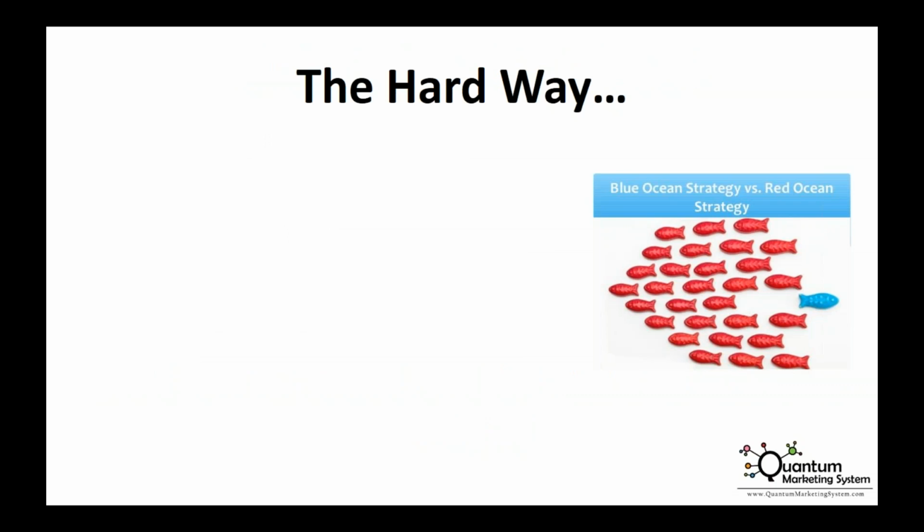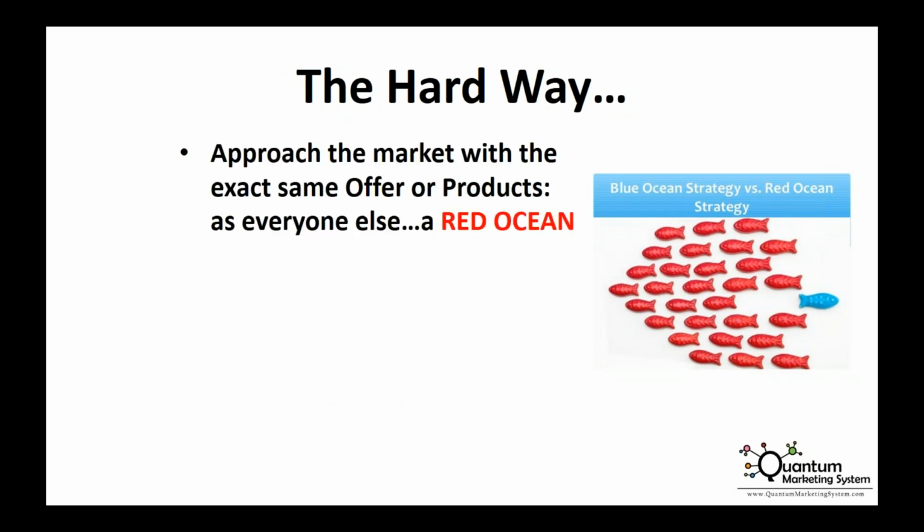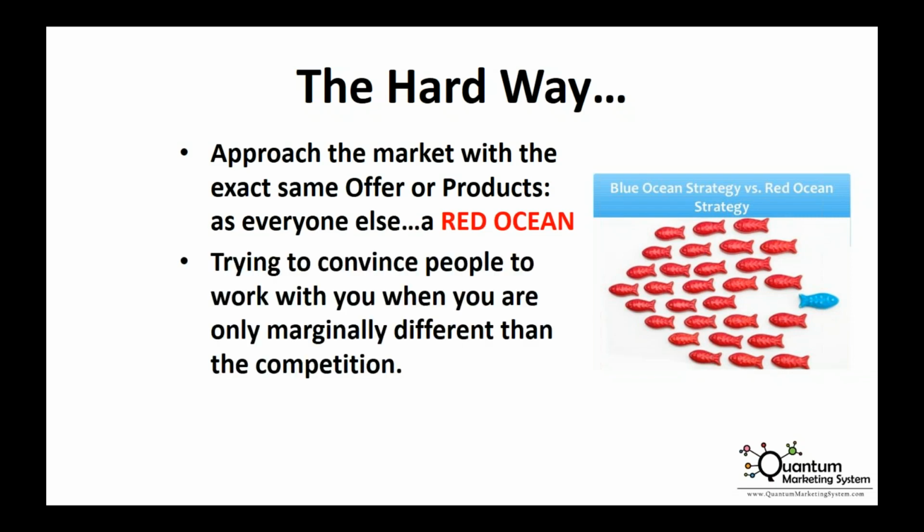So if you're trying to close nearly every sale, and that'll definitely help you get to the top of the table faster at MDRT, this is what I consider the hard way, and that is that you approach the market with the same exact offer or products as everyone else. That's clearly a red ocean, shark-infested water where you don't want to play. We want to go the other direction. And of course, trying to convince people to work with you when you really don't have much but a marginal difference from your competition.